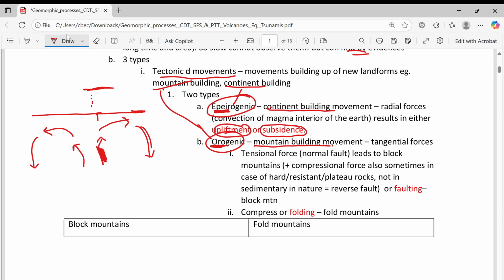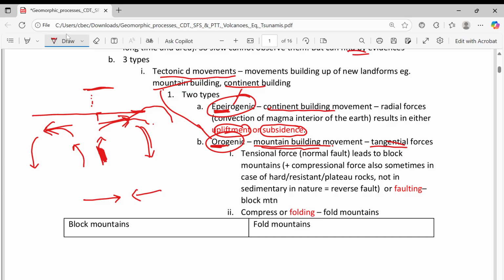Continent means land. There is also mountain building, the orogenic movement. That is the tangential force. Tangential means this horizontal one. For example, this is one plate and this is another plate.